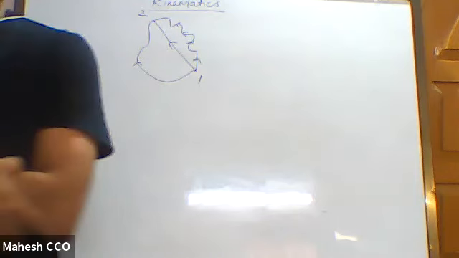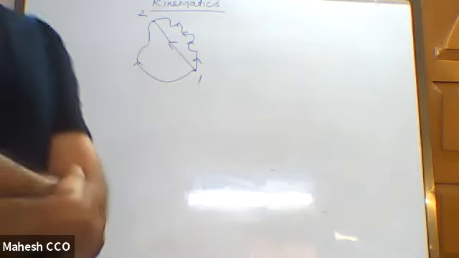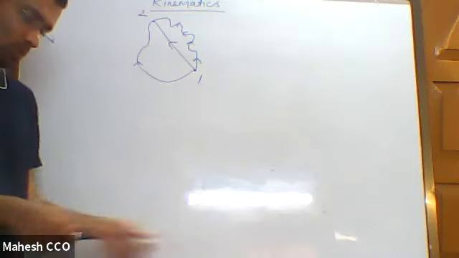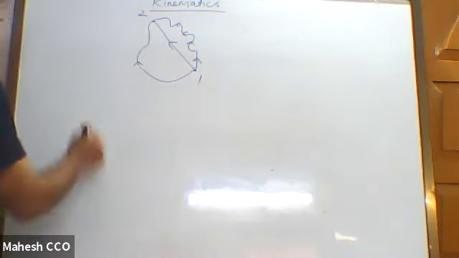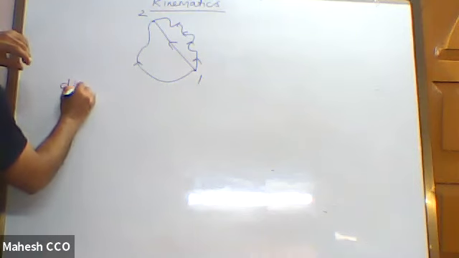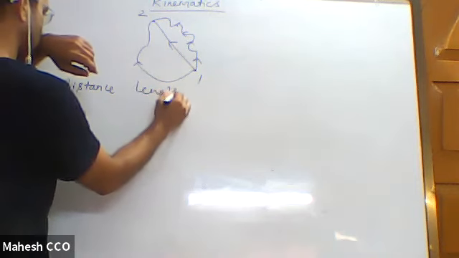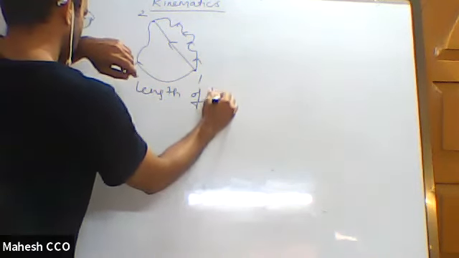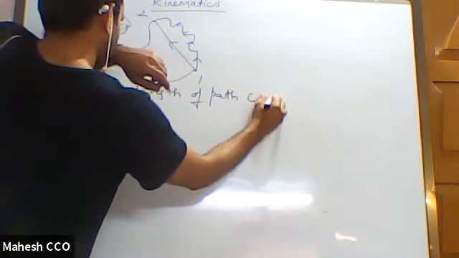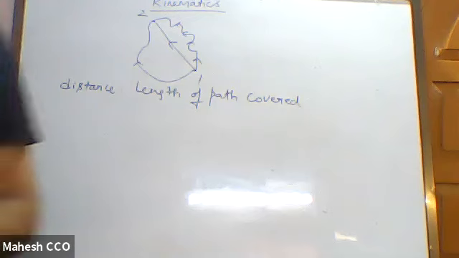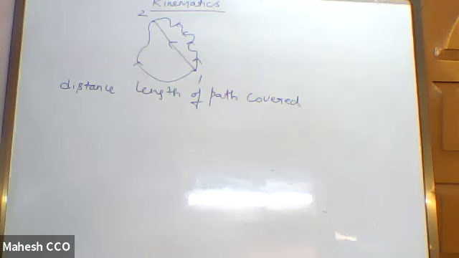When you add the length of all the line segments, you will get the total distance traveled. Therefore, distance is nothing but the length of the path that has been covered.